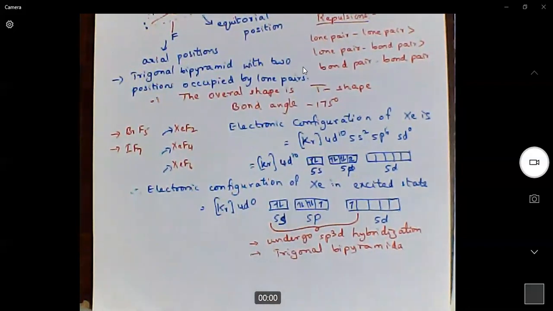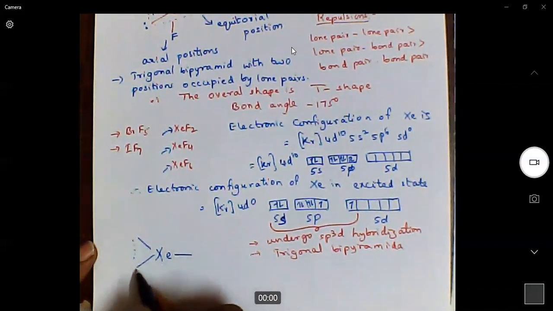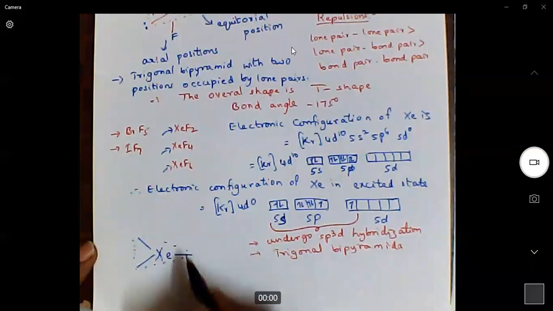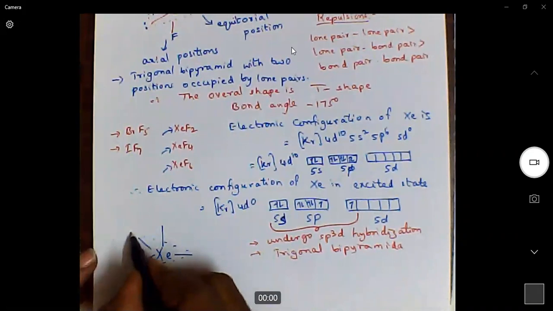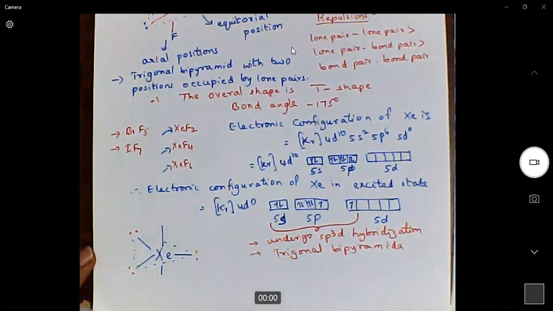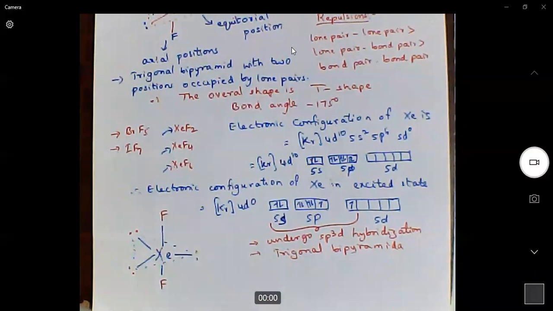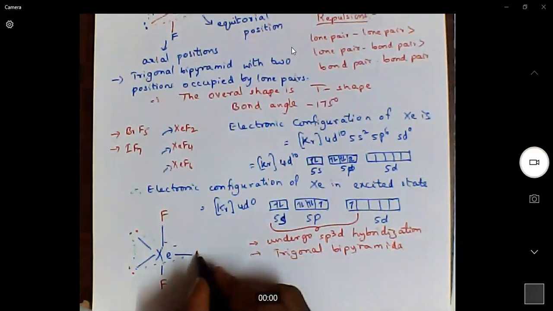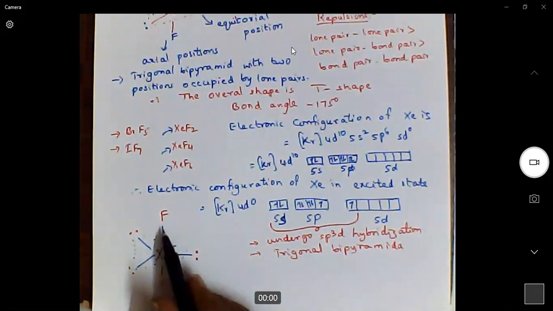So in Xe, as I said, first we will place the lone pairs in the plane because they are separated by 120 degrees bond angle, and the 2 fluorines will be placed at the axial positions. 3 lone pairs are placed at equatorial positions. The 2 fluorines are placed at axial positions.